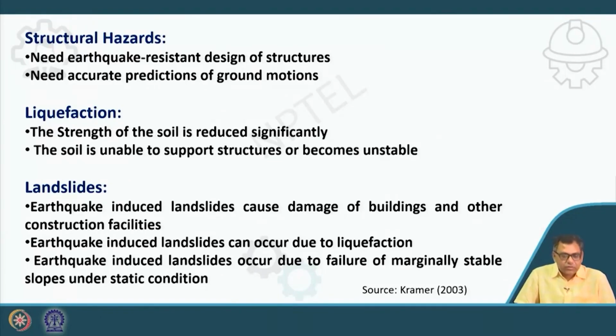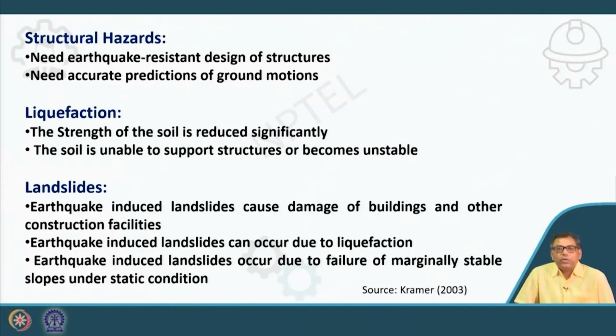Next is another important phenomenon, that is liquefaction. That means the strength of the soil is reduced significantly because of this effect. Later on all these things will be discussed in detail, but in this first lecture I am giving the different types of hazard, and how to prevent them will be discussed in the later stage of this course.